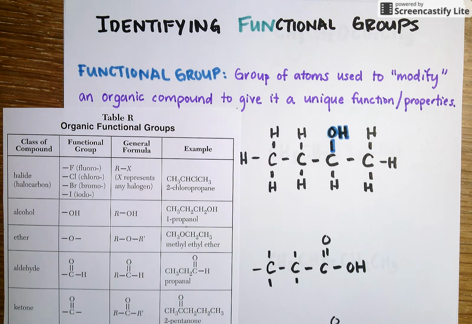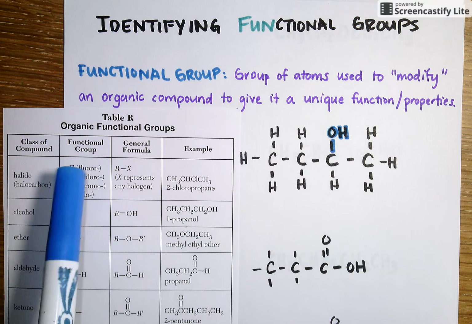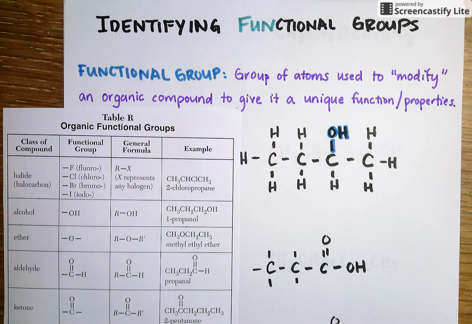We've swapped out a hydrogen for something a little bit more interesting. And as you can see in table R, one of the column headings is functional group. We're going to be looking for examples of these functional groups in the molecules over here on the right. Looking at that second column, what I notice is that the class of compound called alcohols has a functional group of an OH sticking off of some base compound.